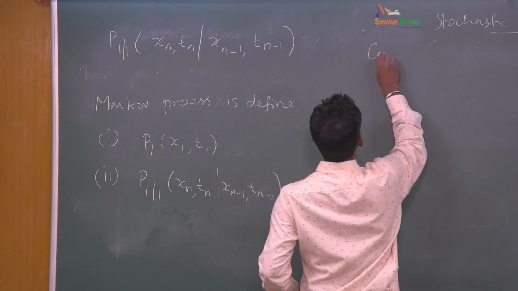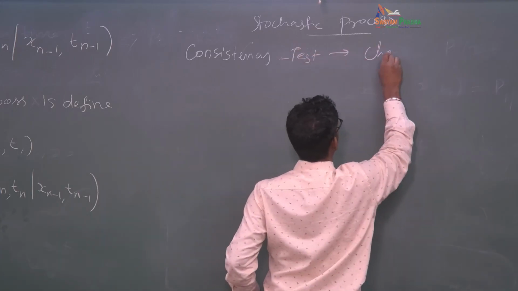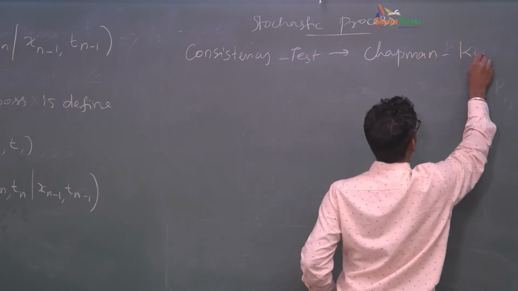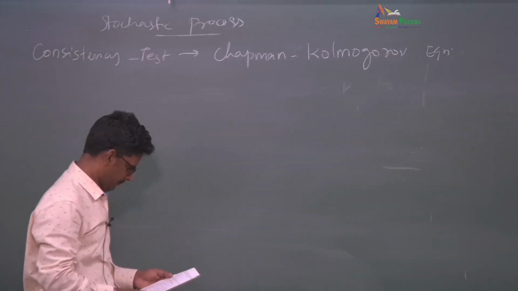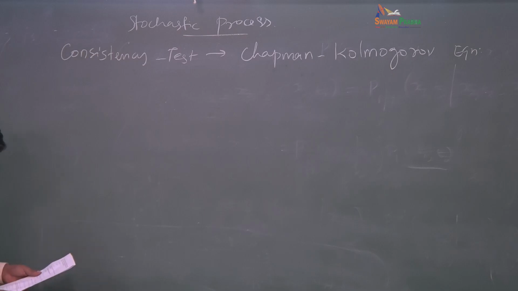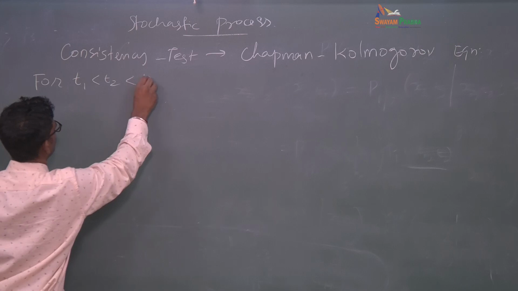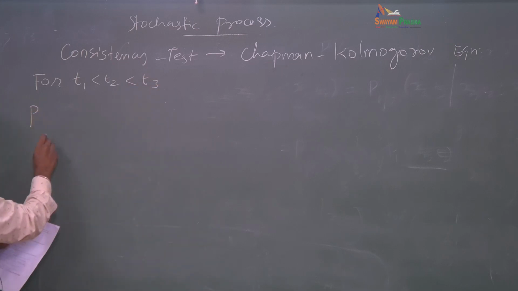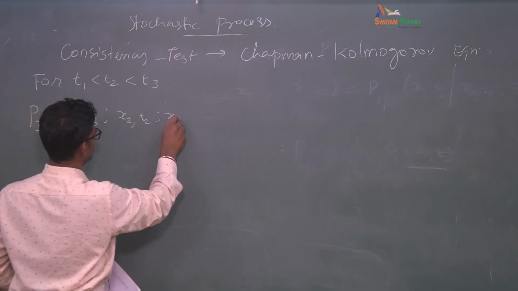So this is the consistency test, called the Chapman-Kolmogorov equation. Let's say that for times t1 less than t2, and in this ordering of time, we have p3(x3 t3, x2 t2, x1 t1).